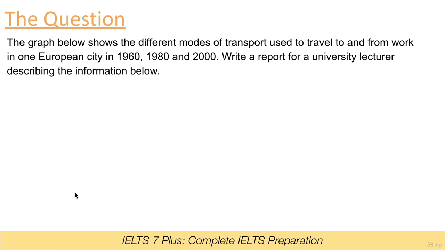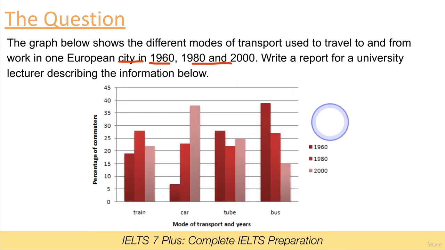So nothing changes there. Okay, so we've got one graph to display information about modes of transport used to travel to and from work in different years, 1960, 1980, and 2000. And here it is. Here's the bar chart itself.